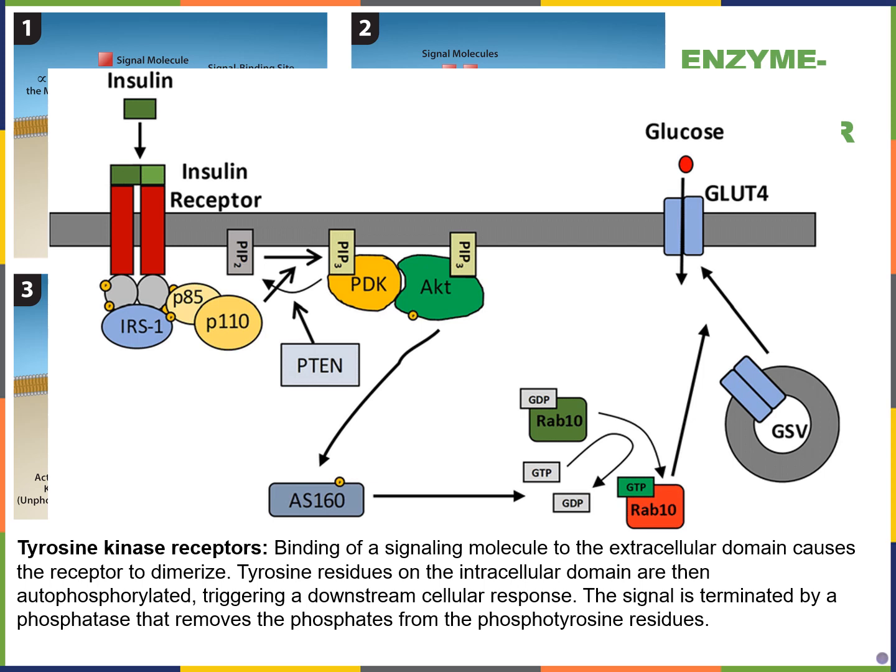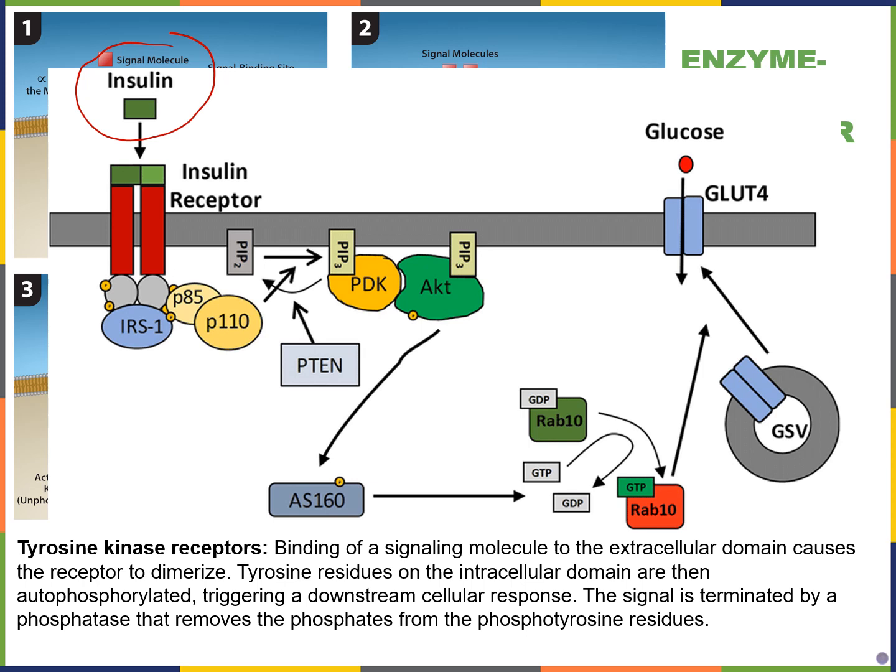Again, you don't have to memorize this part, but one example of how we use tyrosine kinase receptors in our bodies is to respond to insulin. Insulin is a hormone released from the pancreas after a meal. So you just ate a bunch of food, maybe dinner.